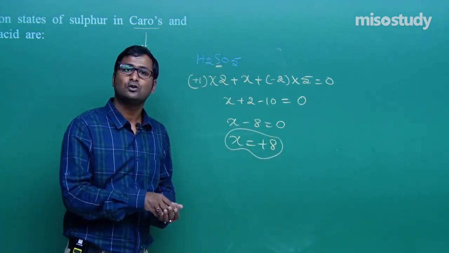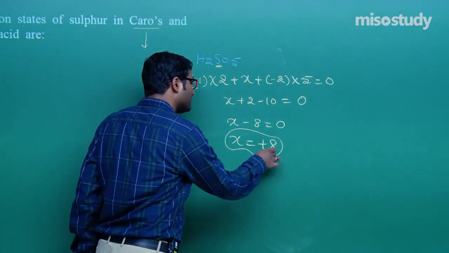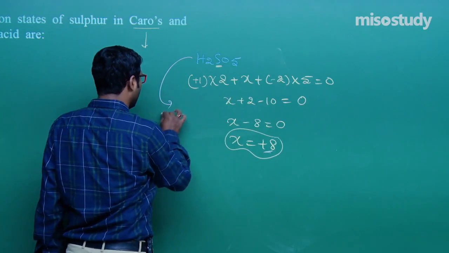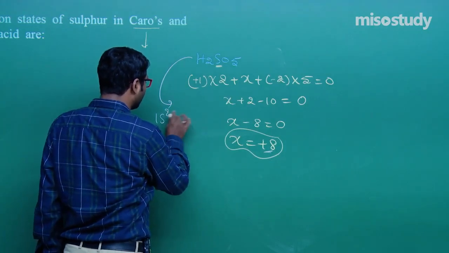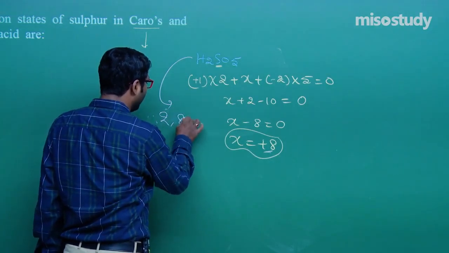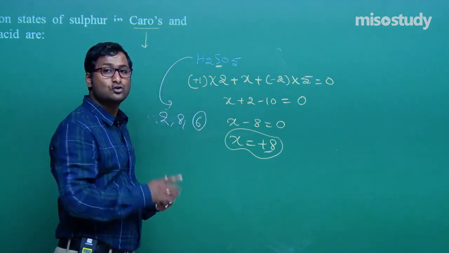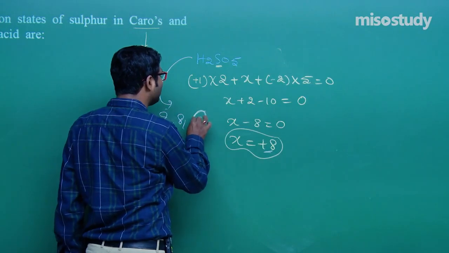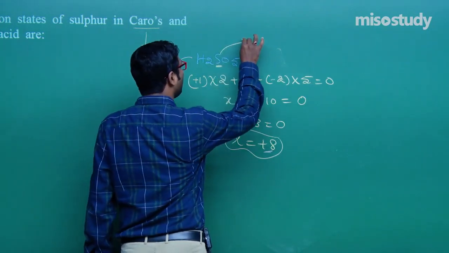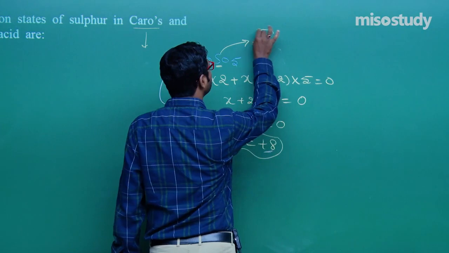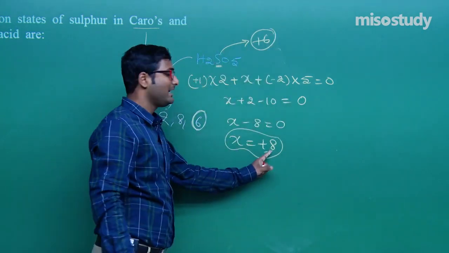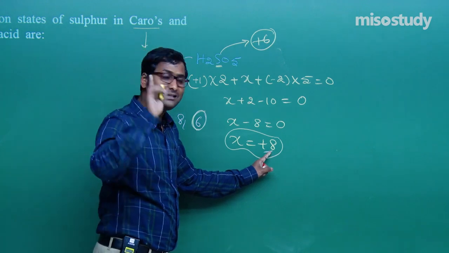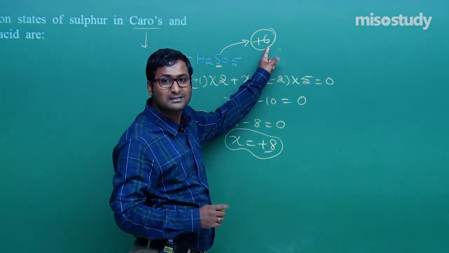Here the oxidation state of sulfur is plus 8, but we know sulfur has only 6 electrons in its outermost orbit, so it can lose only a maximum of 6 electrons. So the maximum oxidation state of sulfur is plus 6. That is, plus 8 cannot be possible.